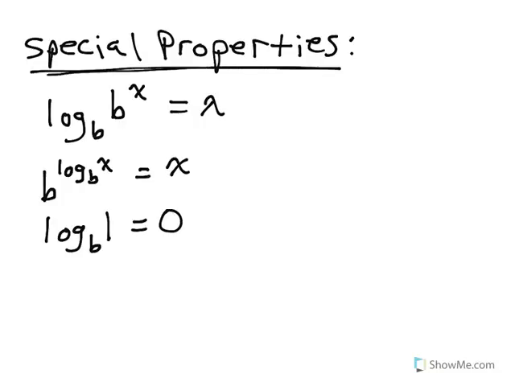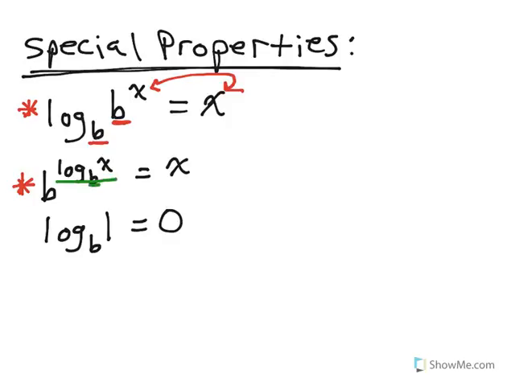Special properties of logarithms. Log base b of b to the power of x equals x. So the answer is the exponent when the base and the answer here are both the same value. The next special property is b to the power of log base b of x.